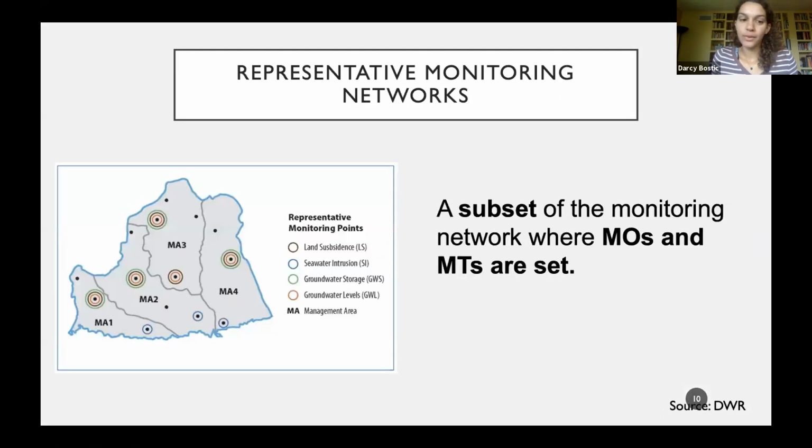All right, so here's where minimum thresholds and measurable objectives come in, with this subset of the broader monitoring network called a representative monitoring network. And minimum thresholds and measurable objectives are specified at this subset.